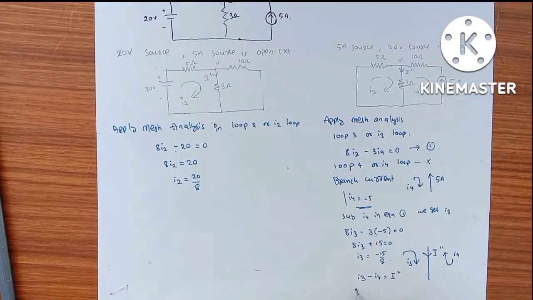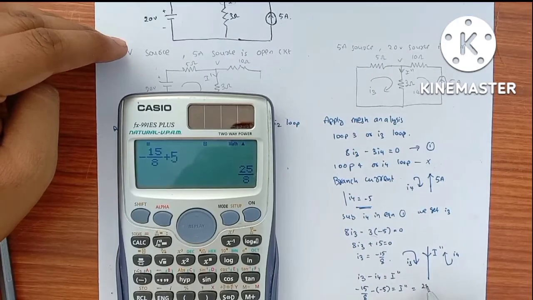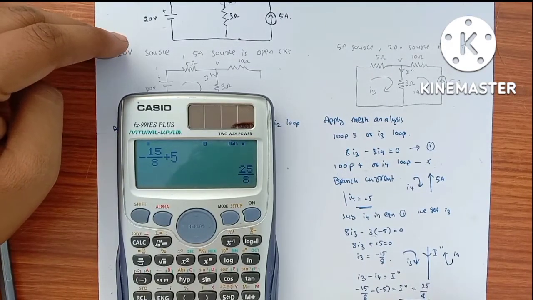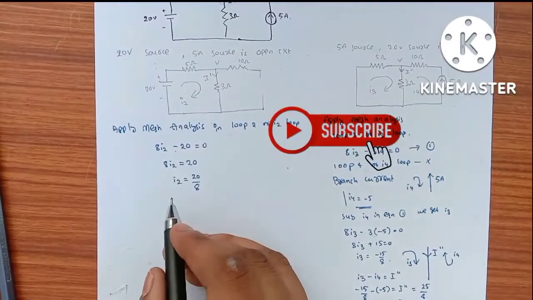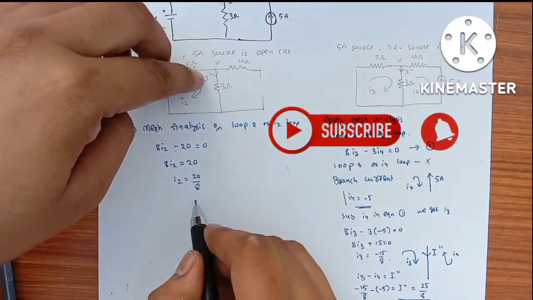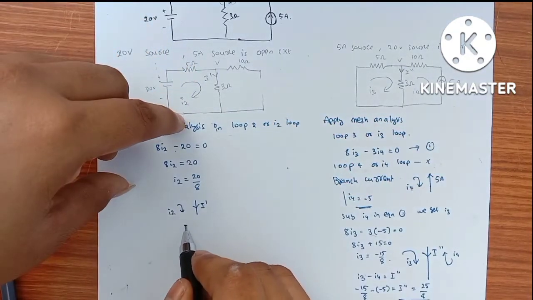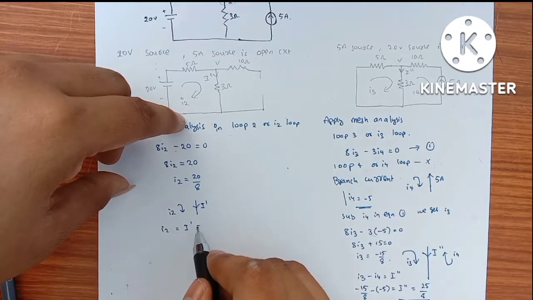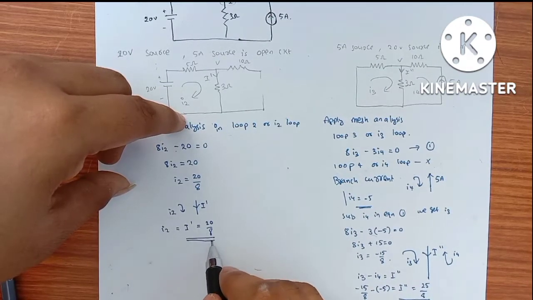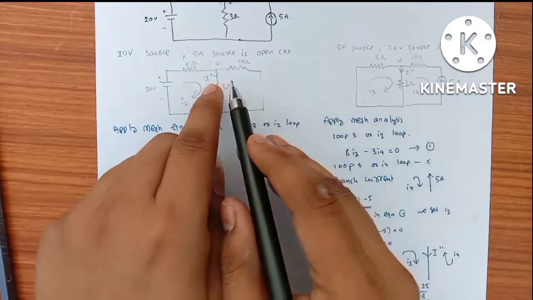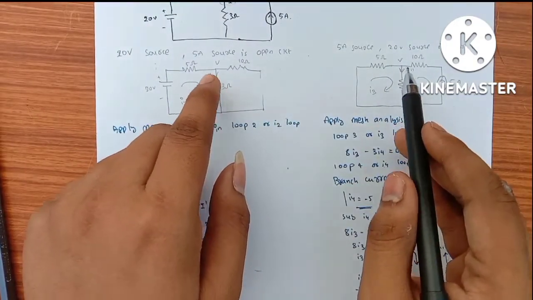We got I3 as minus 15 by 8, and minus I4 is minus of minus 5, so I double dash equals 25 by 8. Again, I dash flows like this and I2 also flows like this, so I dash equals I2, which equals 20 by 8. I considered I dash and I double dash in this direction.